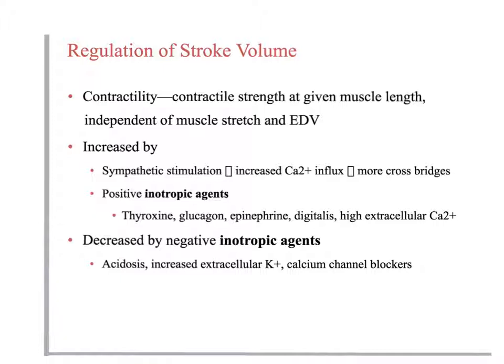Thyroid hormone, glucagon, epinephrine, high extracellular calcium, they all positively increase the contractility of the heart muscle. And likewise, if we have positive agents, we have negative agents that work against them. Acidosis, which is having an increased blood pH. Extracellular potassium. What did I tell you about potassium earlier and how it works?